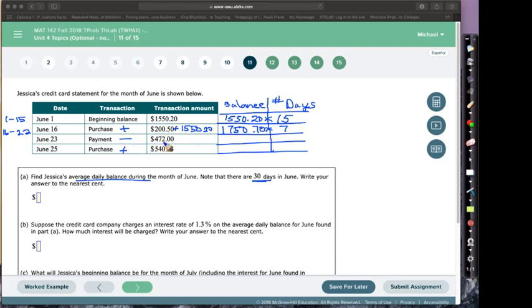We're going to make a payment, so we're going to subtract this from the previous balance. So you've got your, it's just over here, we could write it. 1750.70 minus 472. So we could do that.